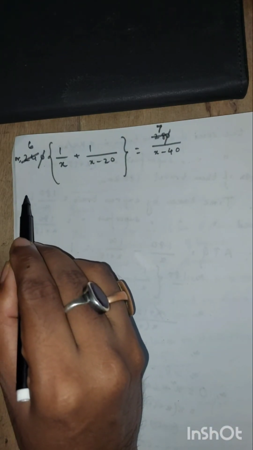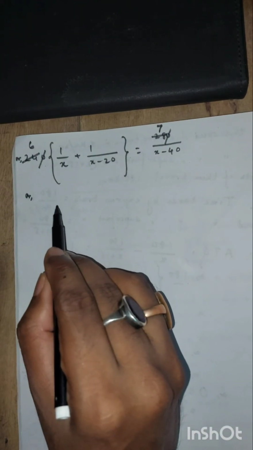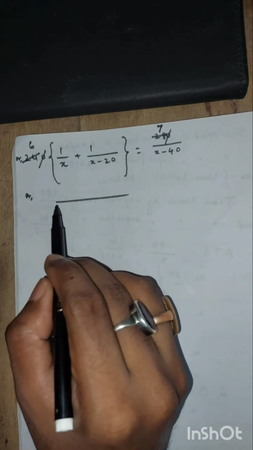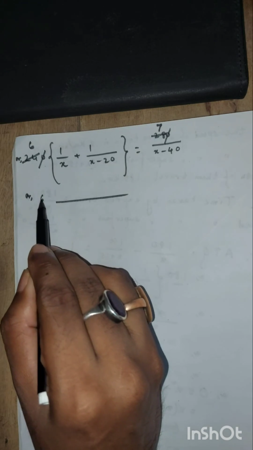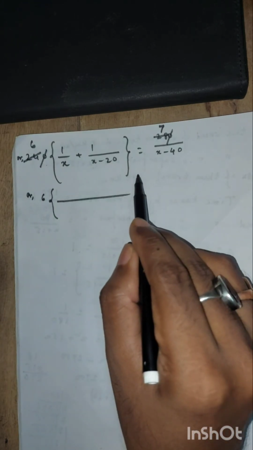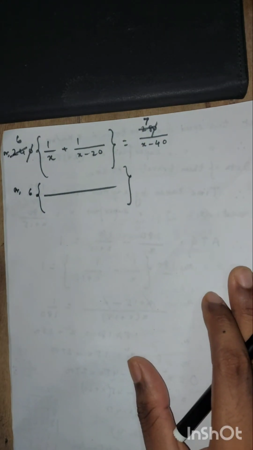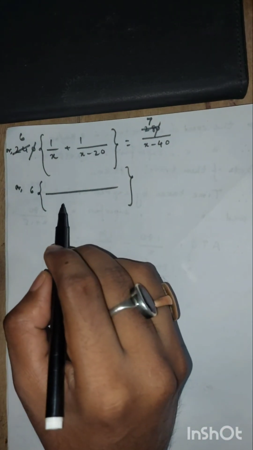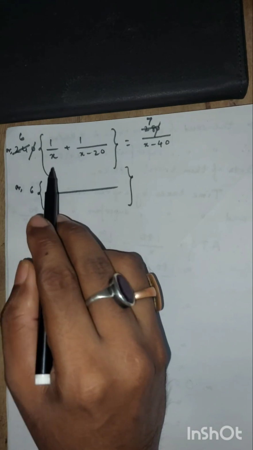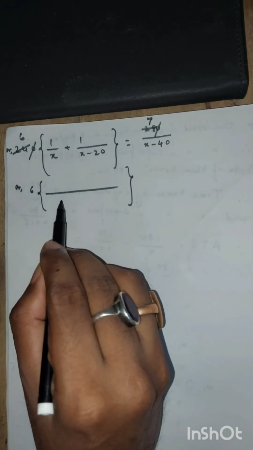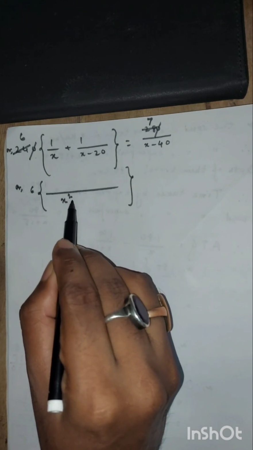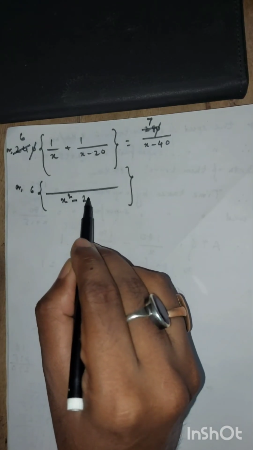Now the LCM is the product of these two numbers, two quantities. So it becomes x square minus 20x.